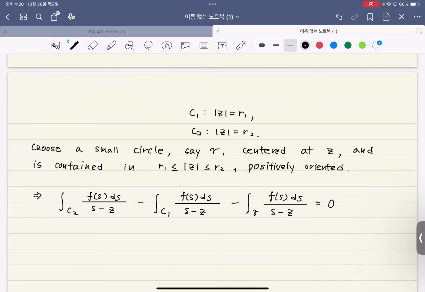And if this is the C1 and C2, then we know that C1... so this was the path deformation principle, right? So if you remember this deformation of path principle, then I'm using exactly the same trick, but with just one additional part over this.